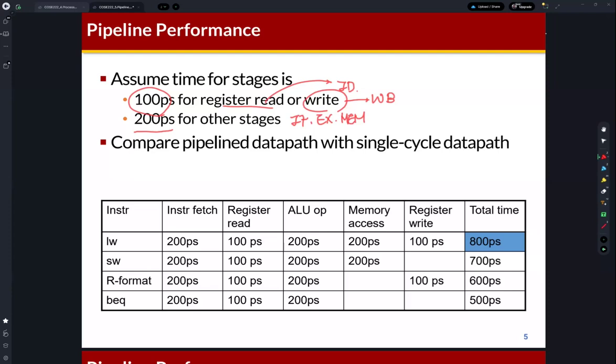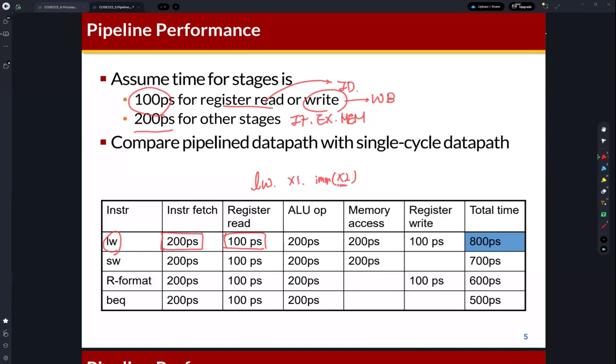Load word is the load instruction. In order to execute an instruction, we need to fetch the instruction from the instruction memory, so it will take 200 picoseconds, right? Then we need to read registers from the register file. Think about load word x1, immediate(x2).